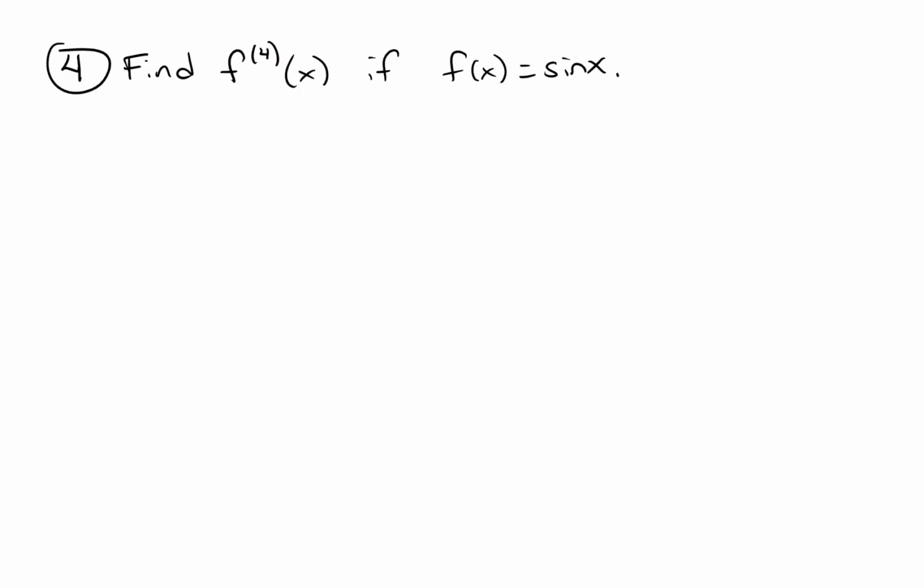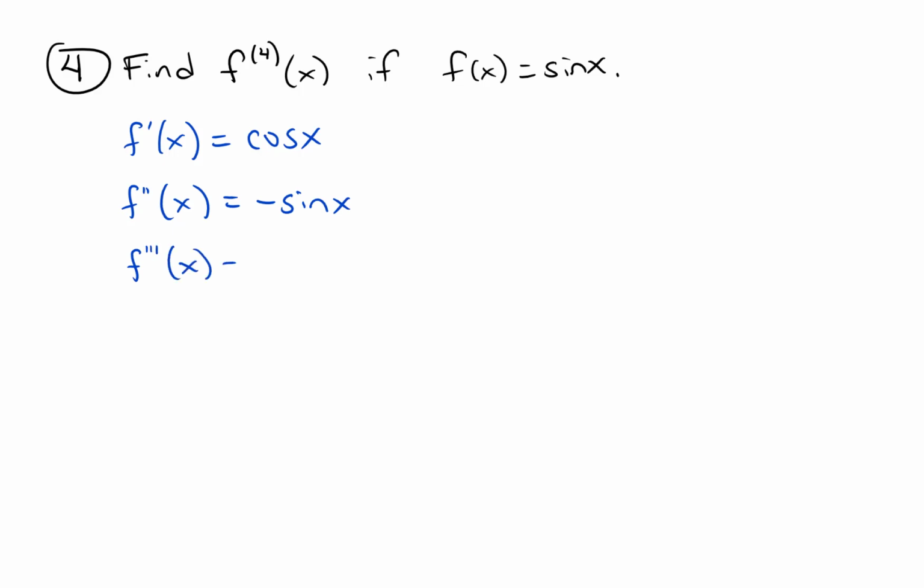And to do that, we just start taking derivatives. So f prime of x is cosine of x. The second derivative of x is negative sine of x. The third derivative is negative, derivative of sine is cosine of x.